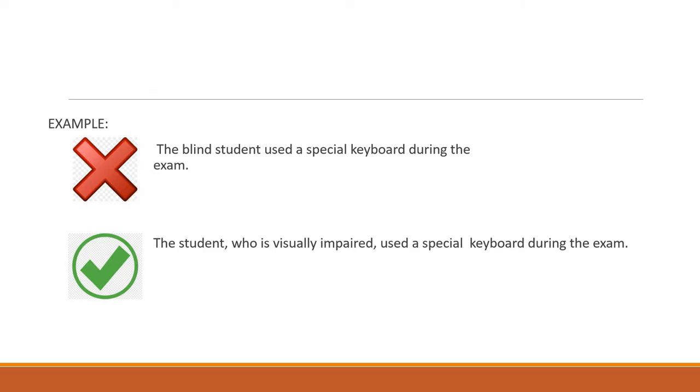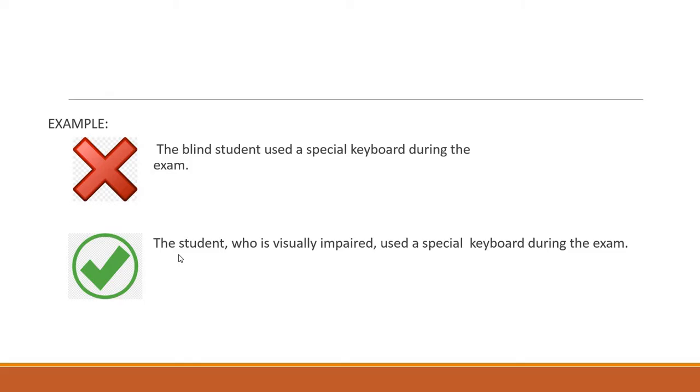So why is it that there is a comma here? It is because it separates the meaning. The phrase who is visually impaired is actually a dependent clause, attached to the independent clause the student.